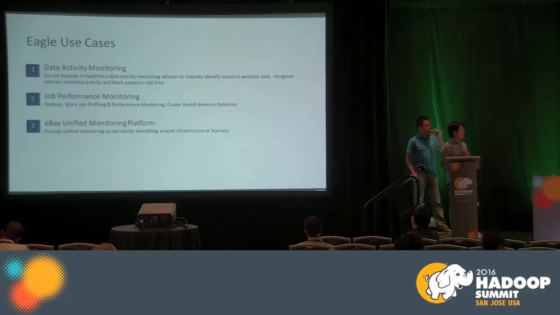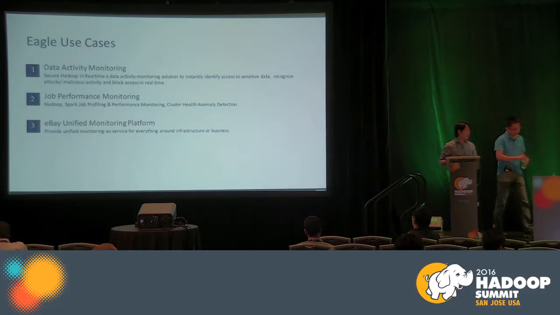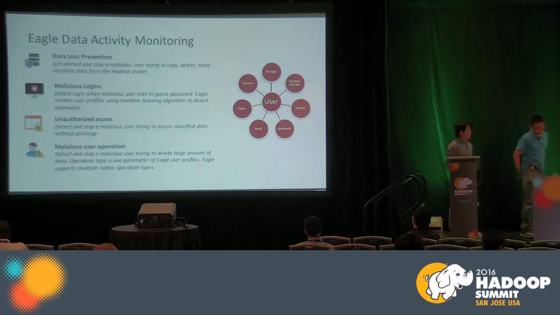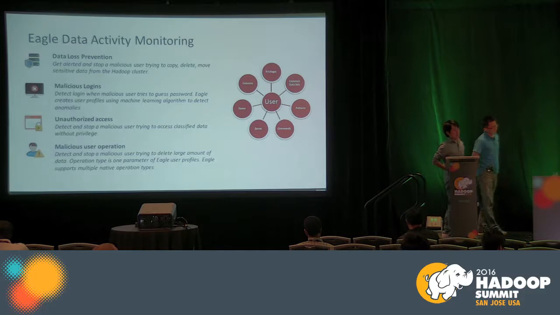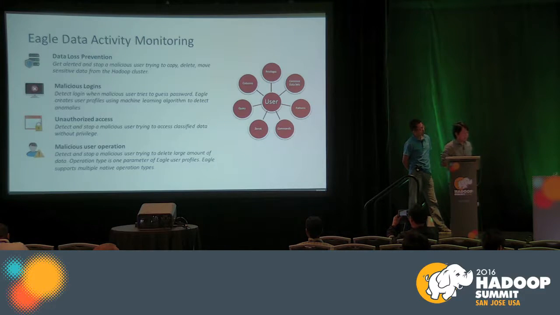Also at eBay, we are building Eagle as the prototype, the base project, to build the next generation unified monitoring platform. Here we expand beyond the scope of Hadoop or the big data ecosystem. So the first use case is data activity monitoring, which is fully open source in the community.